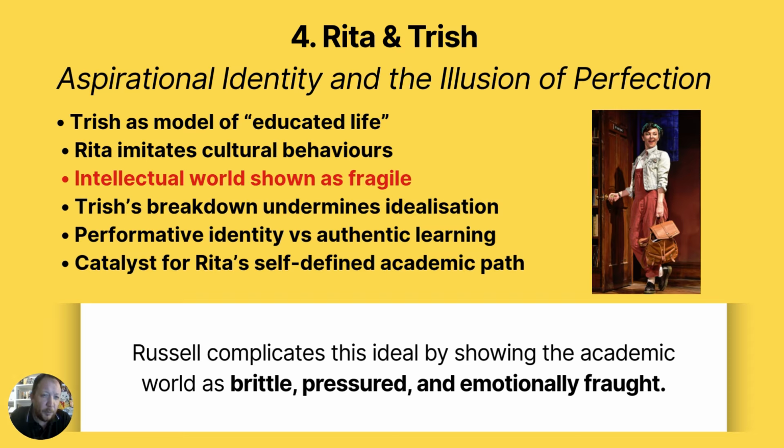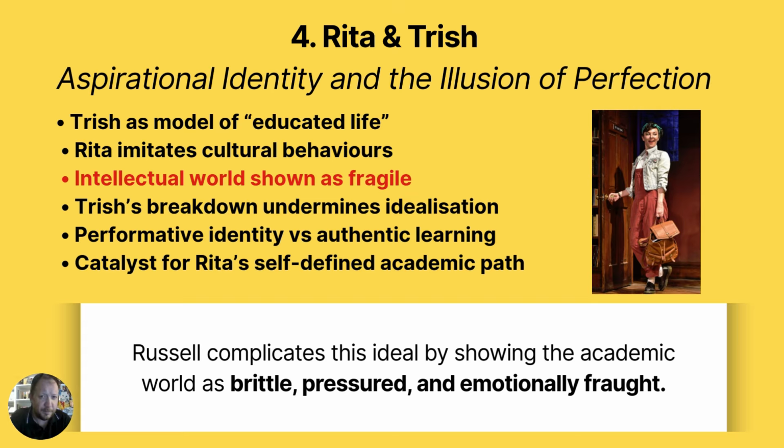The intellectual world ultimately is shown as fragile, and this again really is for those at the top end of the discussion or your exploration. As I've said, Trish is not merely a symbol of aspiration. She is also a fraud.